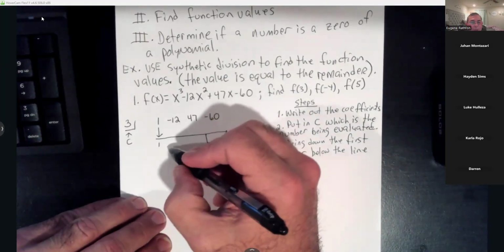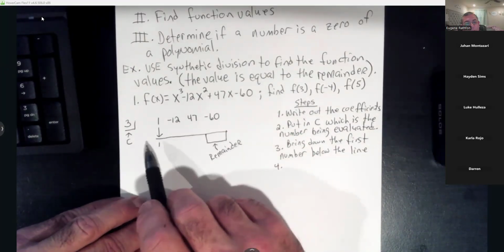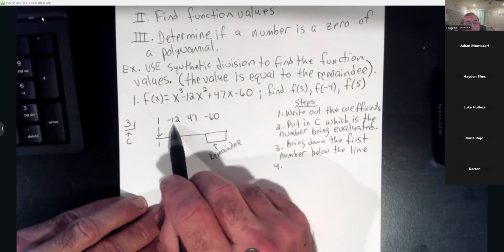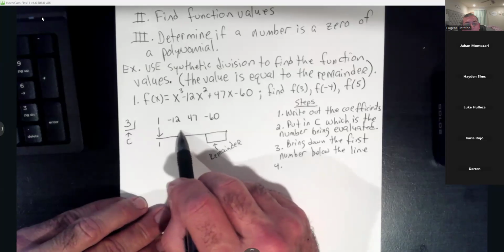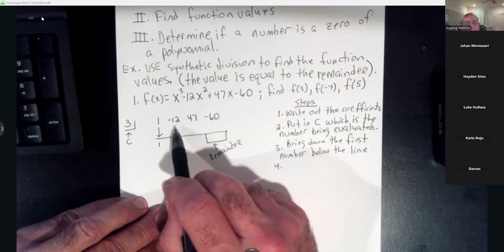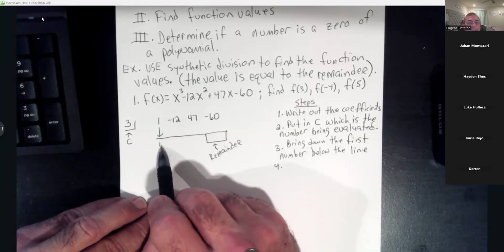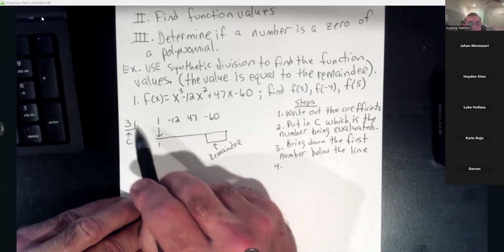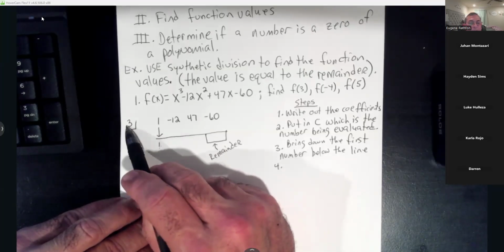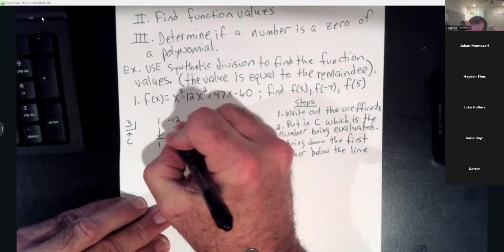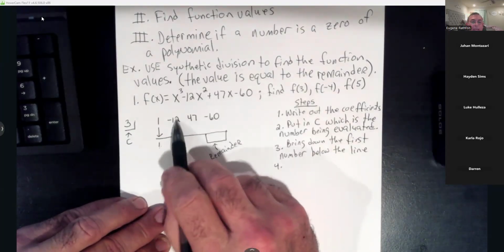All right, y'all, so I brought that one down. Now, what I'm going to do is repeat the process. I'm going to find what number goes under that negative 12. And to get that number, I take this number below the line, 1, and I multiply by my C. So 1 times 3 is 3.